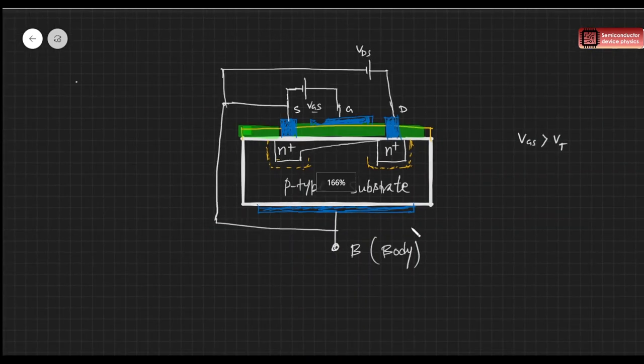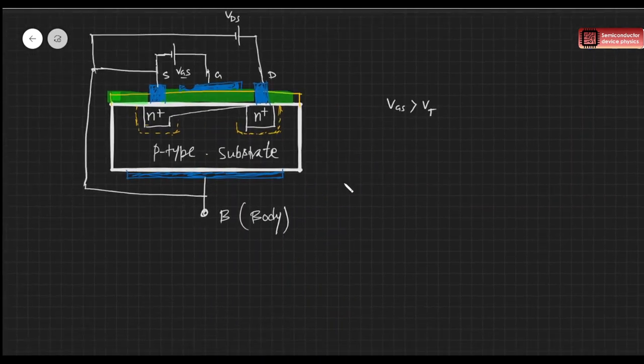Now if this VDS value, or this voltage between drain and source, reaches the value of VGS minus VT, the difference between the gate voltage and the threshold voltage, then the channel gets pinched off. Pinch-off condition happens.